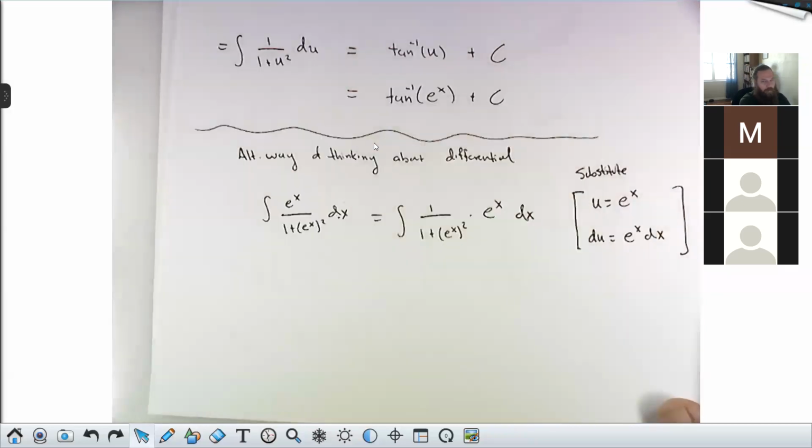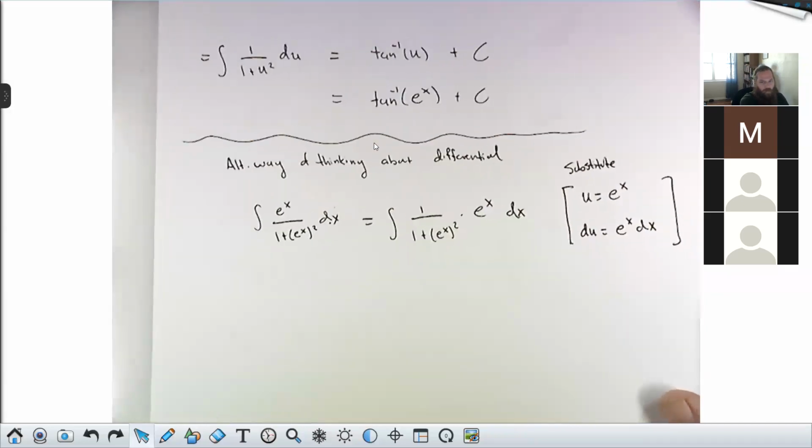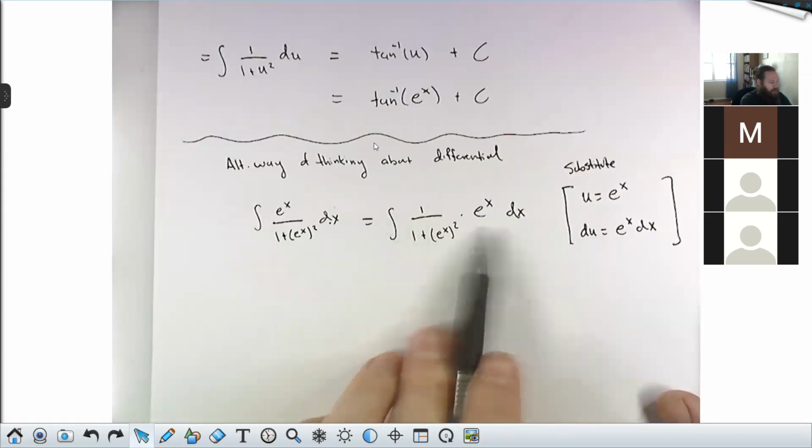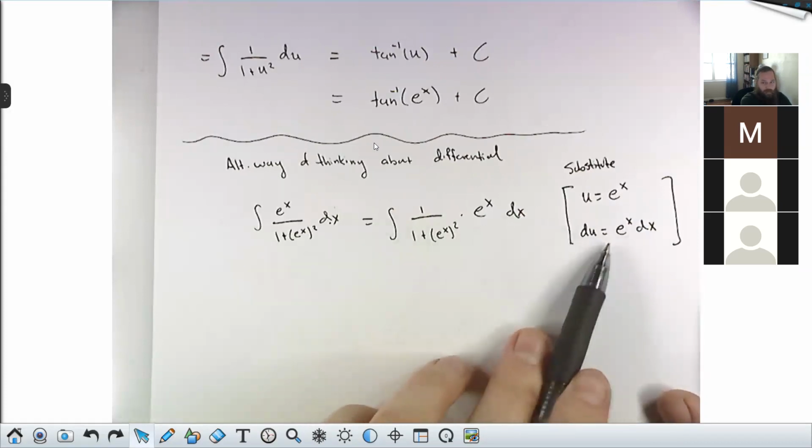Because, just like with the natural log integral we did earlier, this piece, e to the x dx, is exactly equal to du.